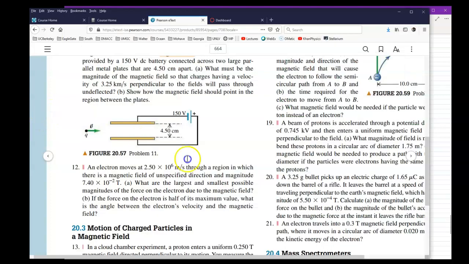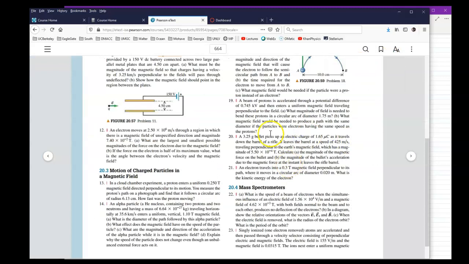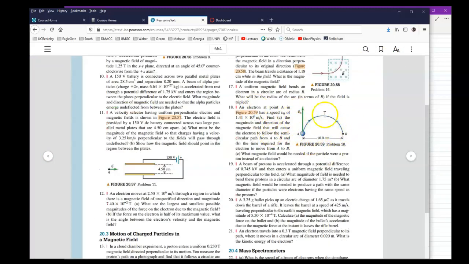All right, let's go to it. Oh, right here. It's this diagram here.